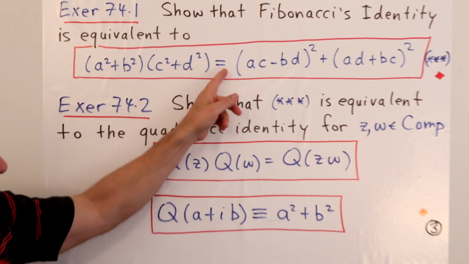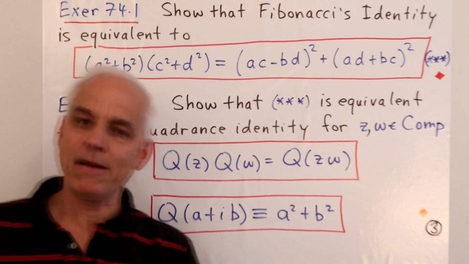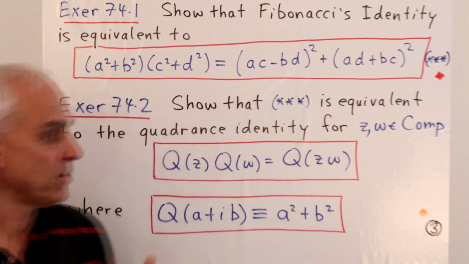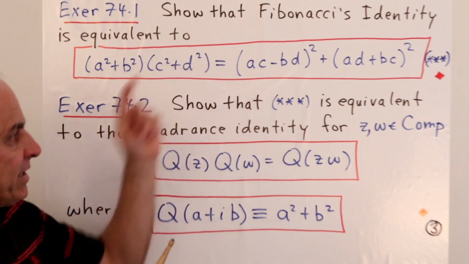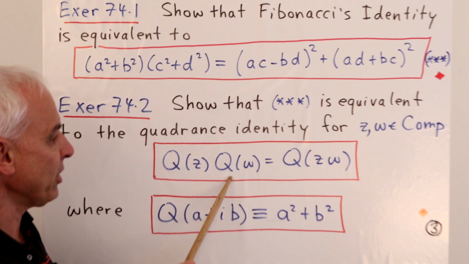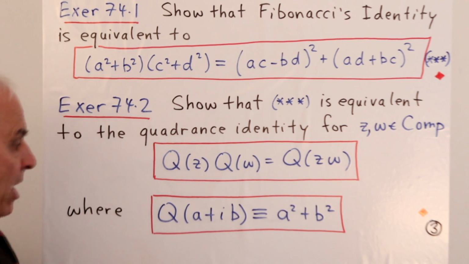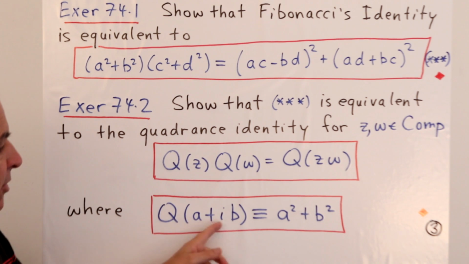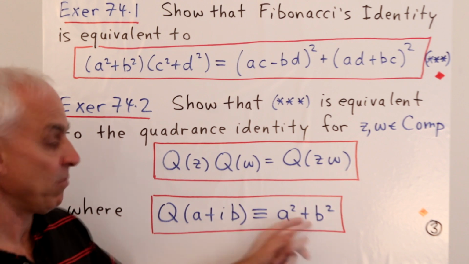And show that this identity is actually equivalent to the quadrance identity for complex numbers. In other words, that if z and w are complex numbers, then this is really the statement that the quadrance of z times the quadrance of w is the quadrance of z times w. And I remind you that the quadrance of a complex number a plus ib is the number a squared plus b squared.